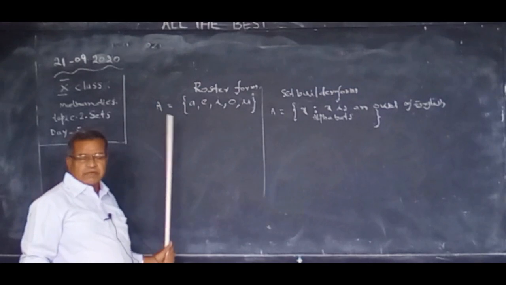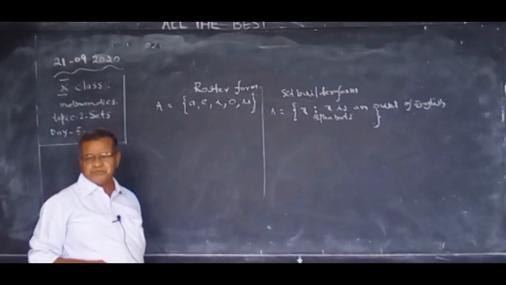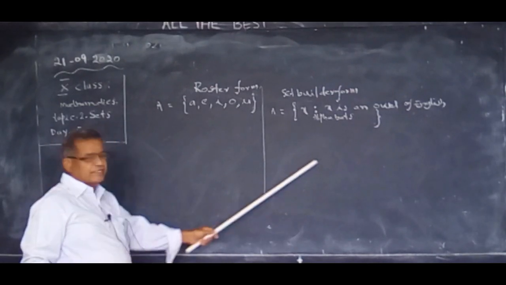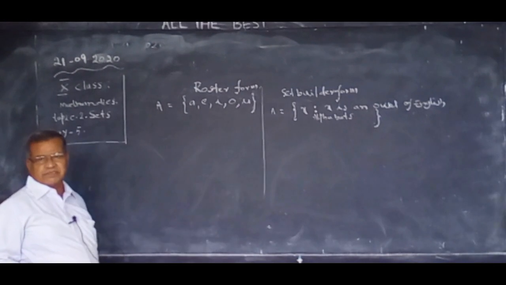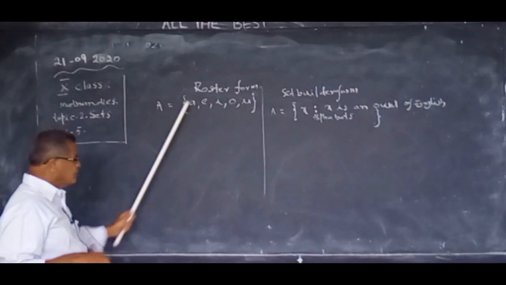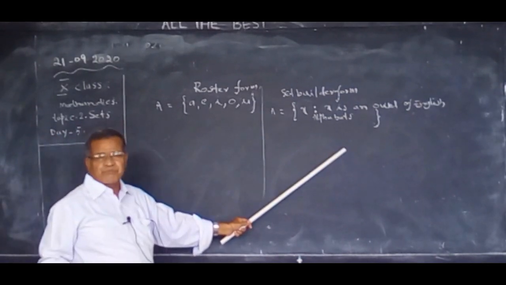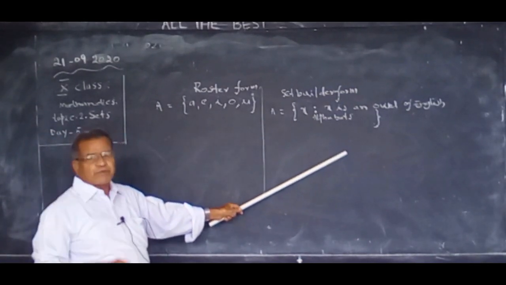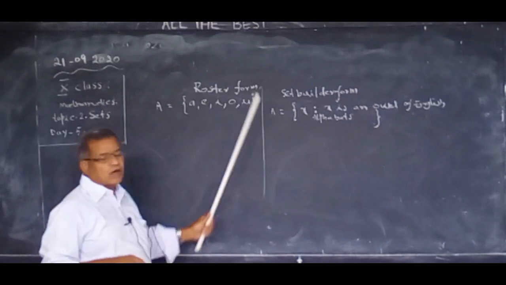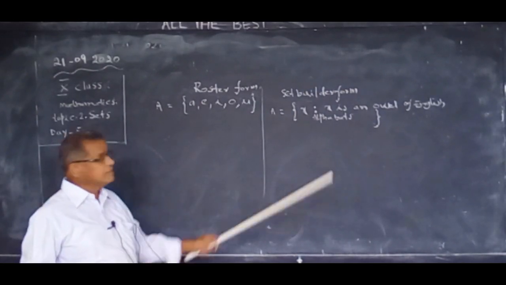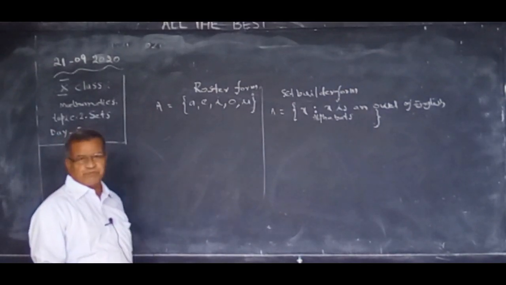Suppose given elements are prime numbers, write prime numbers. Even numbers, write even numbers. Odd numbers, write odd numbers. In roster form, elements are there. In set builder form, we are expressing only their common property. That is the difference between roster form and set builder form.